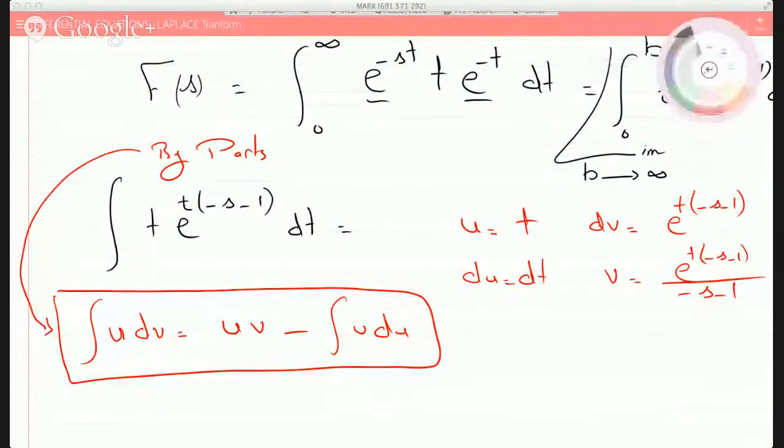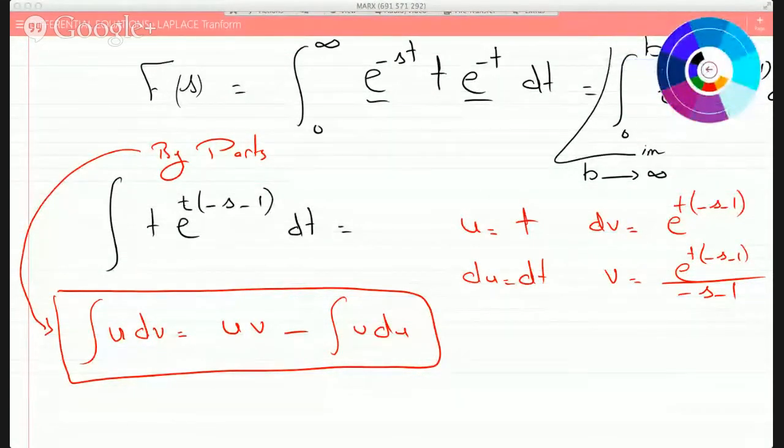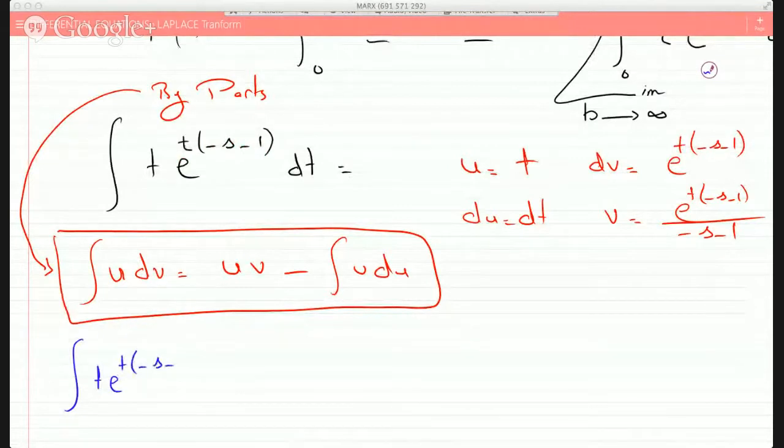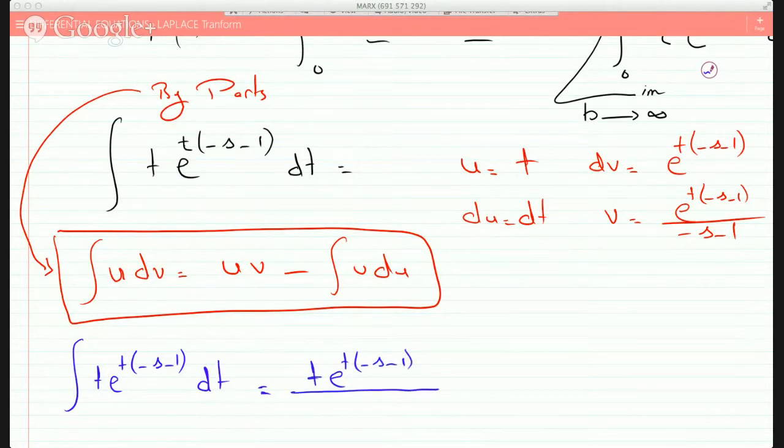If we do that, the integral of t e to the t times minus s minus 1 dt is uv, which is t e to the t times minus s minus 1 divided by minus s minus 1, minus the integral of v du.